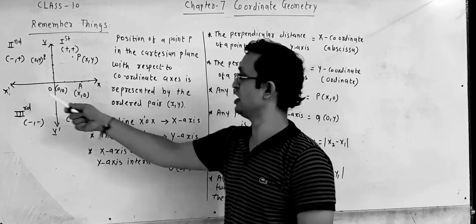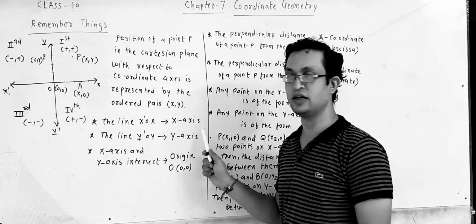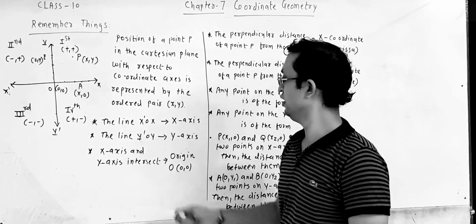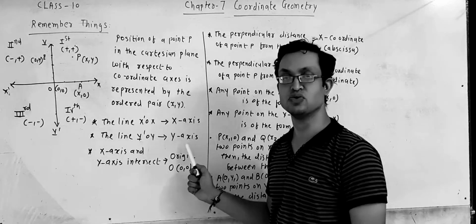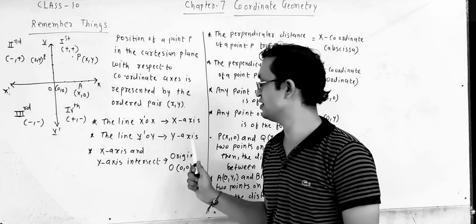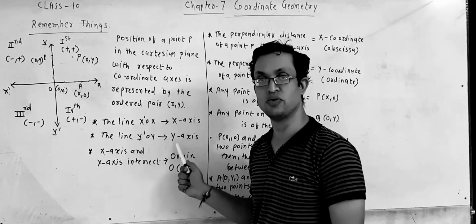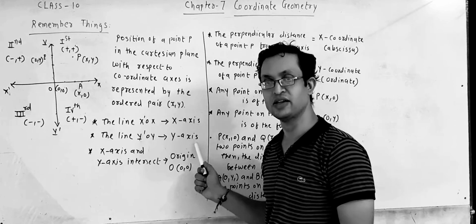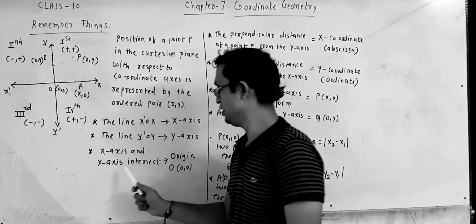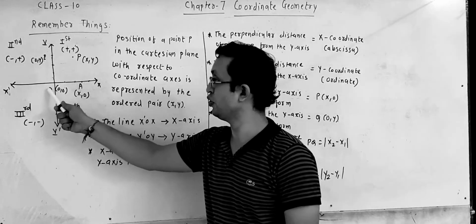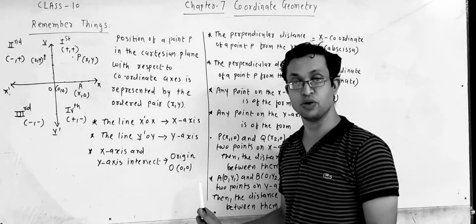The line X'OX is called the x-axis, the horizontal line, and Y'OY is called the y-axis, the vertical line. The x-axis and y-axis intersect at point O, called the origin, and its coordinates are always (0, 0).